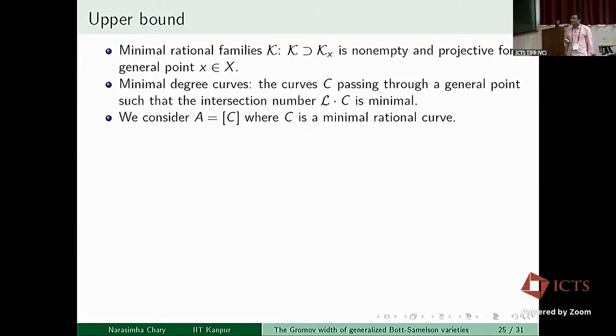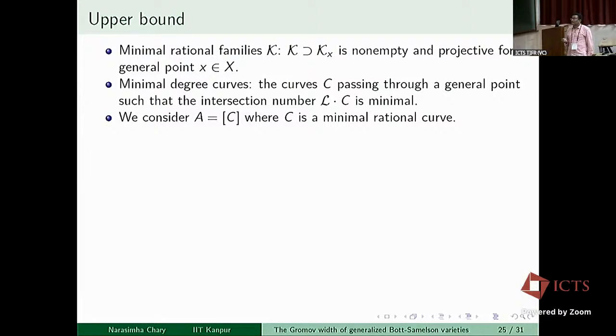If this is too technical, you can also use minimal degree curves, which means you start with your very ample line bundle and take the curves passing through a general point. Then you take the minimal degree of this line bundle along that curve.